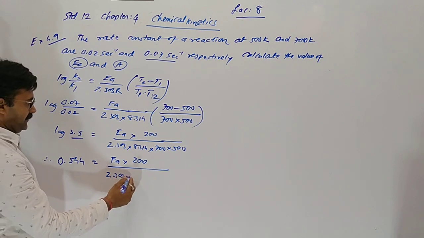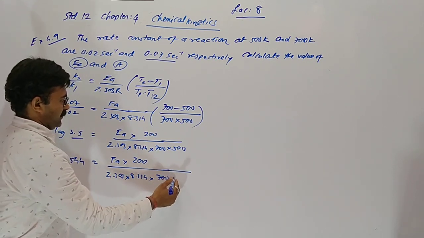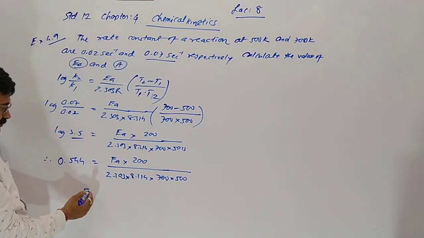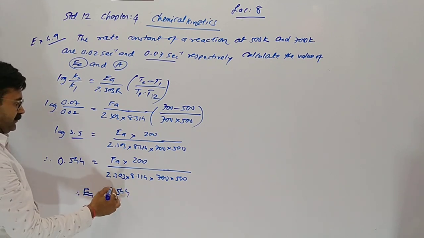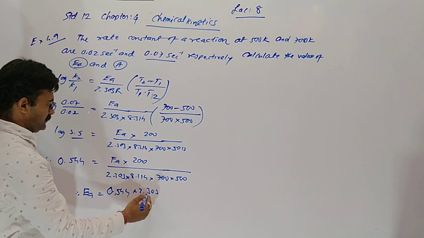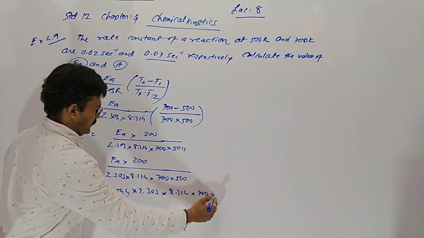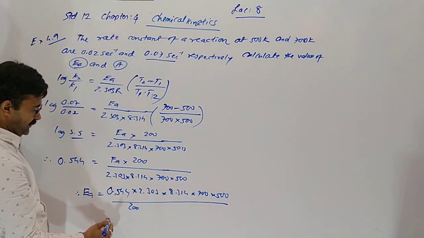So 2.303, 8.314, 700 and 500. So Ea will be 0.544 into 2.303, 8.314, 700, 500 divided by 200.